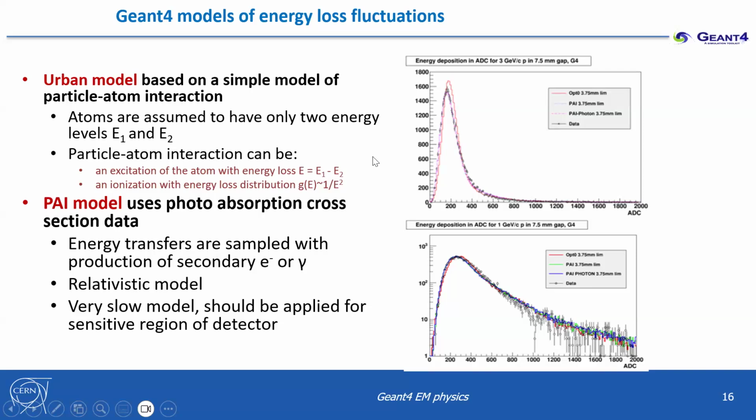This long tail needs to be taken into account in the limit of a very thin step of a particle. We call this energy loss fluctuation Landau fluctuation, the Landau tail of fluctuation of energy transfer from charged particle to medium.